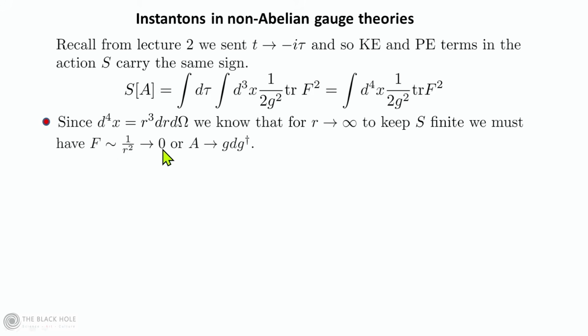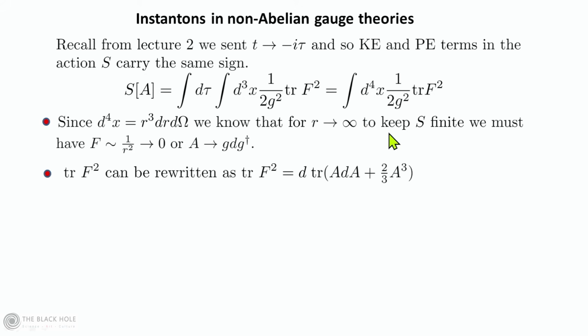Of course, F has to go to 0, which means that A has to go to G dG dagger. That's the only way that you can keep this action over here finite.